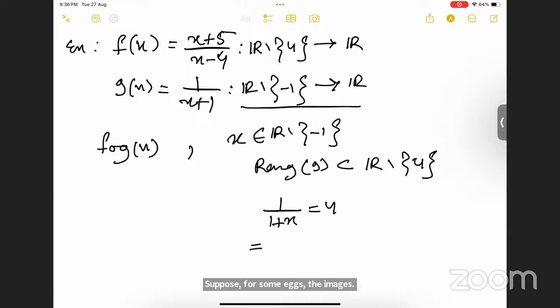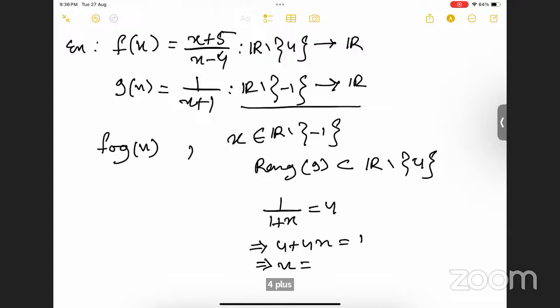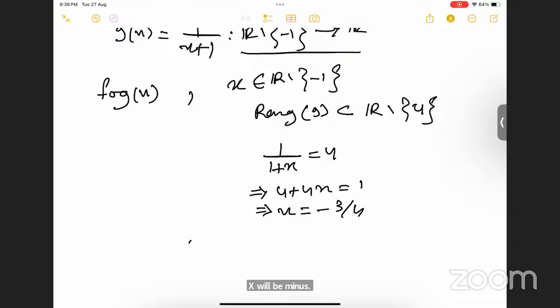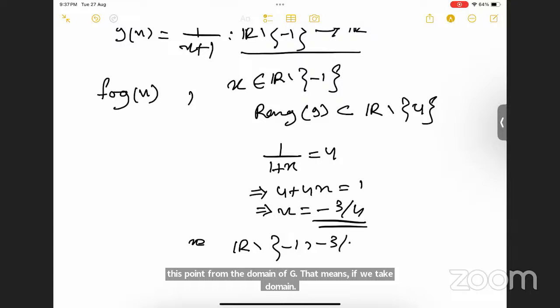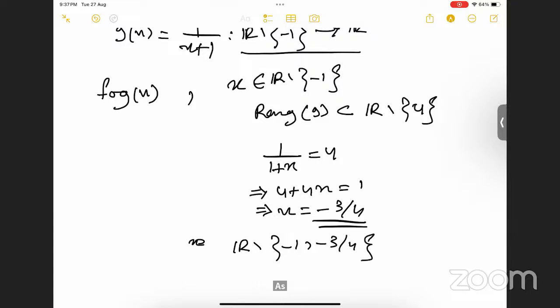Then what will be the value of x? Ma'am, it's coming out to be -3/4. So x will be -3/4, right? Now, if we simply exclude this point from the domain of g, that means if we take the domain as R minus {-1, -3/4}, then we will not get 4 as the image of any point in this domain, right?